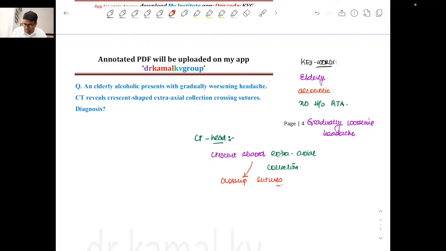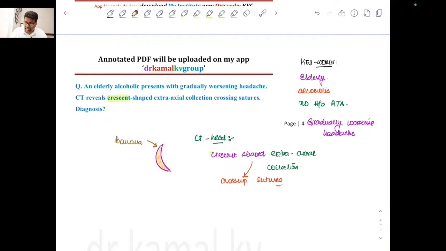Now there is only one indication based on which you can simply jump onto your answer, right? Now let us see what this crescent word is. Crescent means something like a moon. So this is a crescent shaped hyperdense lesion, and you can call it like a banana, right?